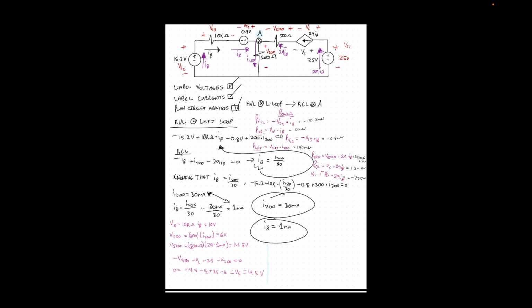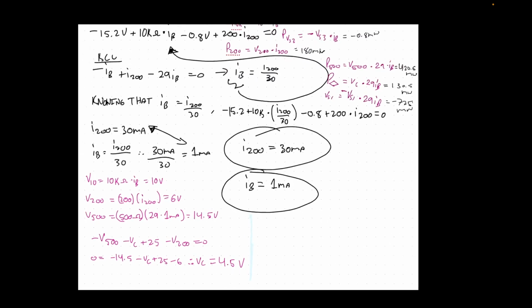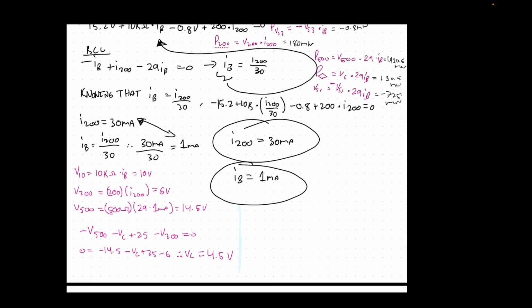I'm sorry, these should be in the order of milliwatt for the last two. Should be 130.5 milliwatt. And here, milliwatt as well. My apologies. All right, let's go ahead and do this summation and make sure that we're getting values that make sense. So we have the sum of all the power should equal 0. All right, let's see if that's true.